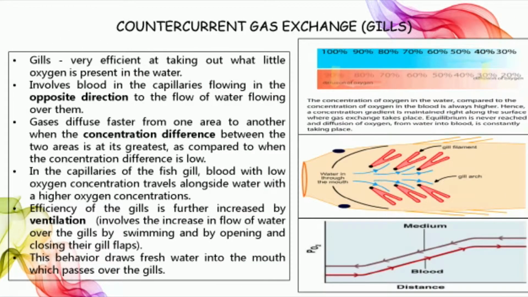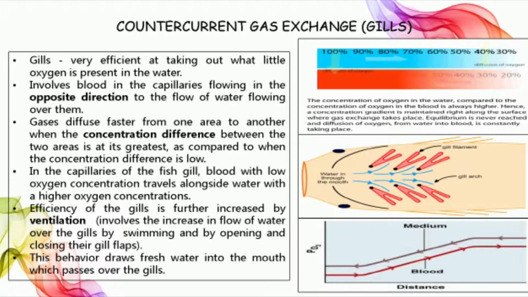Next is the countercurrent gas exchange, which also occurs in the gills of the fish. We know that gills are very efficient at taking out what little oxygen is present in the water. It involves blood in the capillaries flowing in the opposite direction to the flow of water over them.